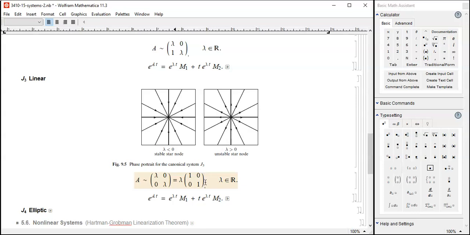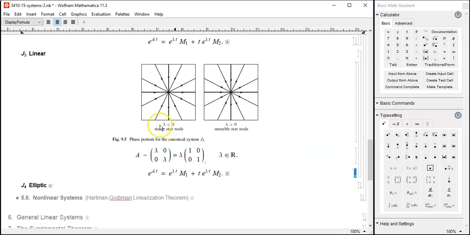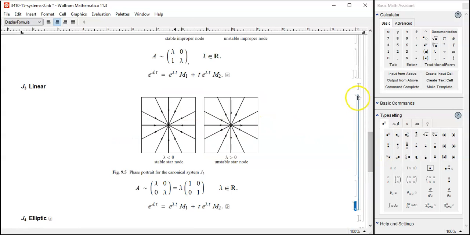Whether lambda is less than 0 or greater than 0, expanded or contracted, they all follow from this behavior. E to the lambda t is getting bigger and bigger as t gets larger, or vice versa, smaller and smaller as t gets larger. That's why less than 0 is contracting, greater than 0 is expanding.